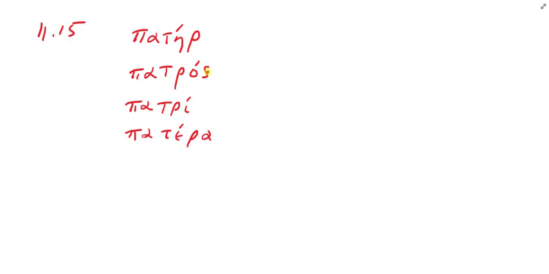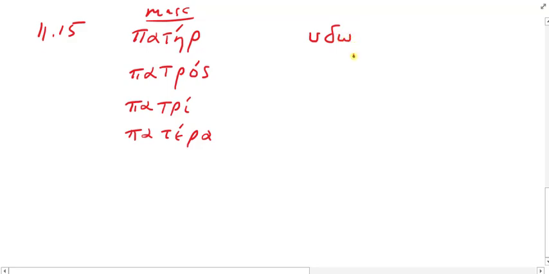The patrasi form for the dative plural is also a little bit unusual. Now look at hudor. Pater, by the way, what gender do you think pater is? Masculine. Yes, masculine. Hudor, on the other hand, is neuter.